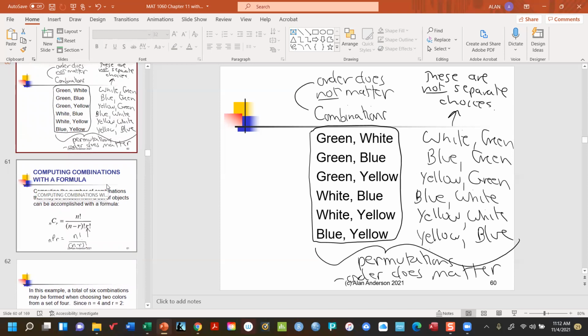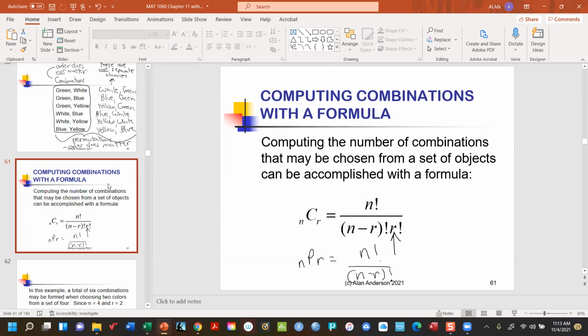Okay, here we go. I've written on the slide here the formula for combinations, but I've also included the formula for permutations so you can see how it's different. And you can see, there's only one difference. There's an extra r factorial in the denominator with combinations.